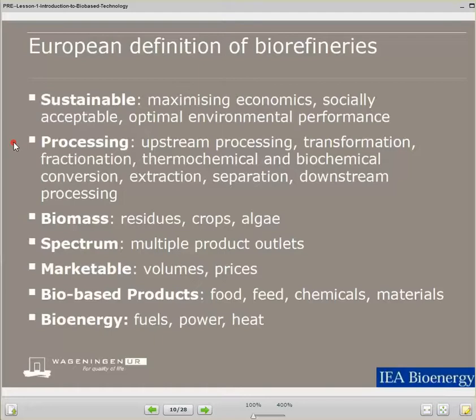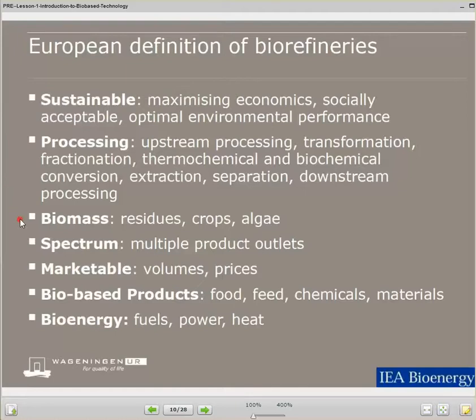It must be transformed from its original mass. Fractionation is key: thermochemical and biochemical conversions, extraction, separation, and eventually downstream processes. So this process can actually have several steps and have products in between.